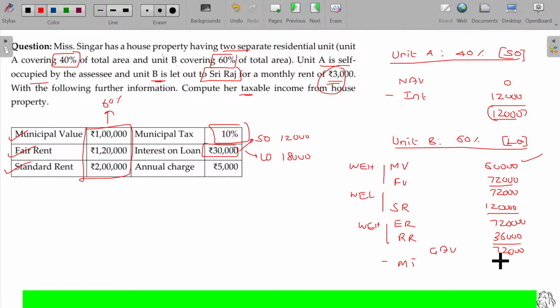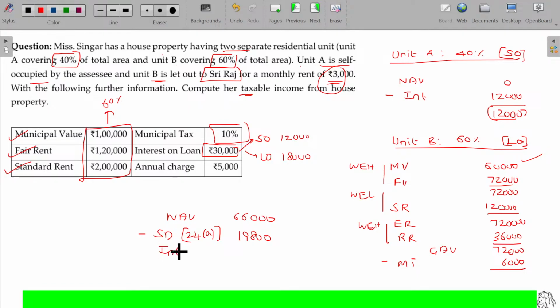For 60, 10% being 6,000. Your NAV being 66,000 minus standard deduction under section 24 clause A, 30% on this. How much? 19,800.